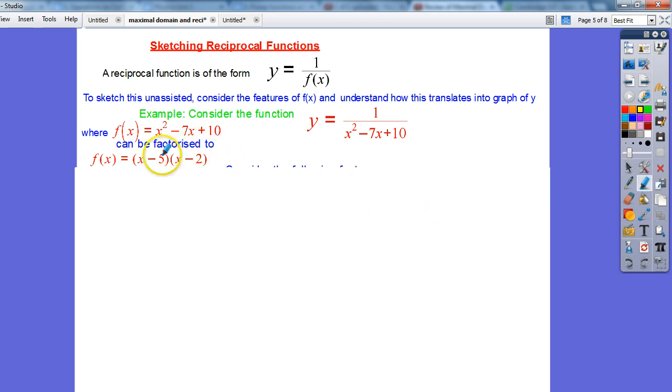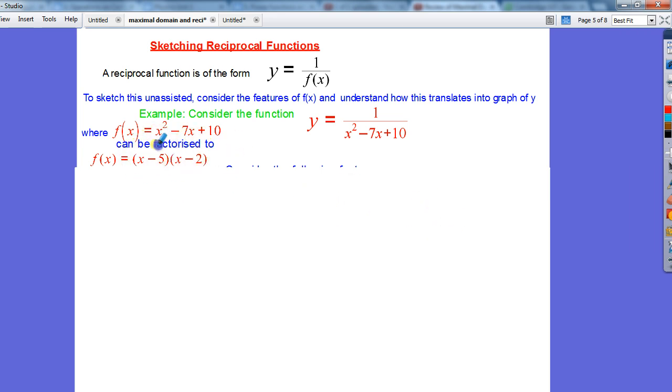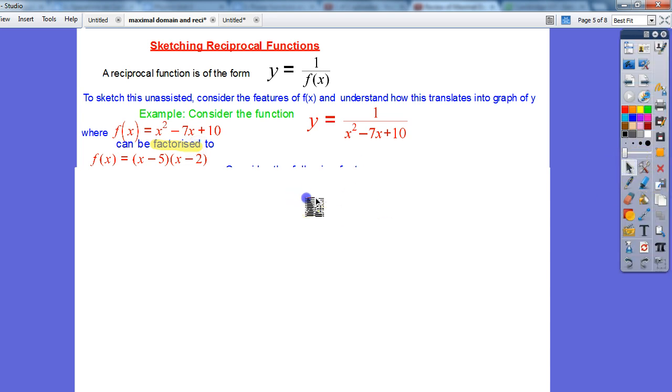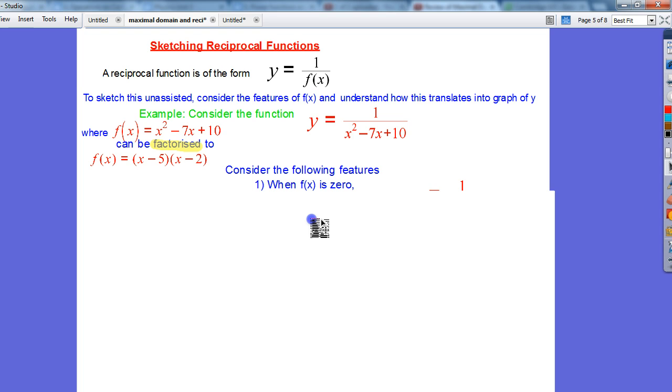So, given that it can be factorized, we are going to now consider a few things. We're going to use this quadratic f of x as our example, but we're going to generalize the features for all reciprocal functions.